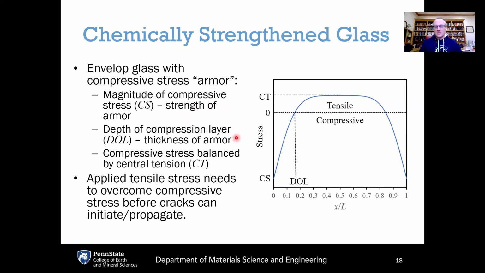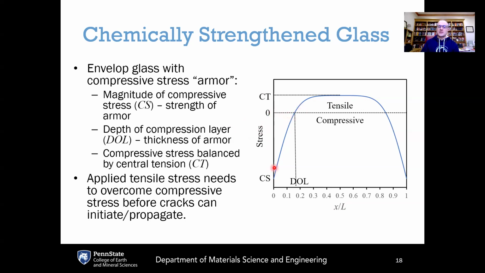The depth of layer DOL is like the thickness of the armor. And then all of that needs to be balanced by central tension here, the CT. One might think that you'd want the compressive stress to be as high as possible and the depth of layer to be as high as possible.